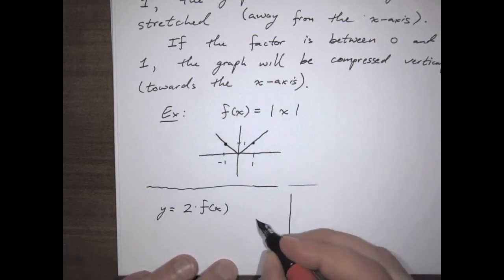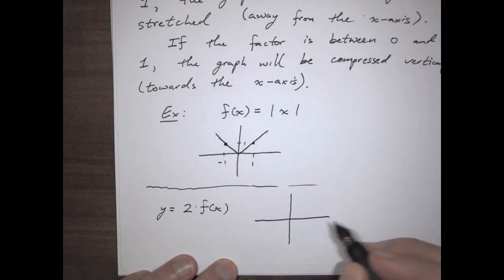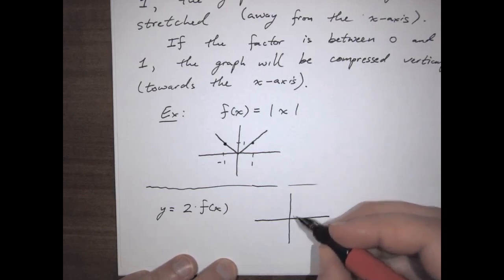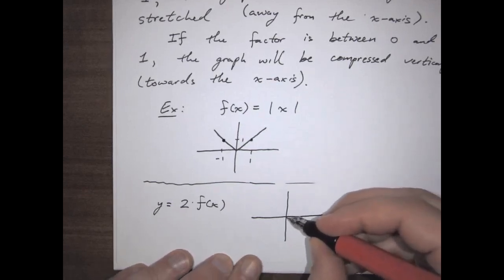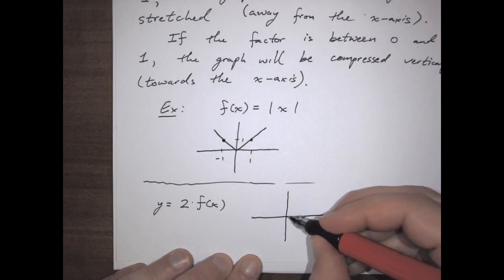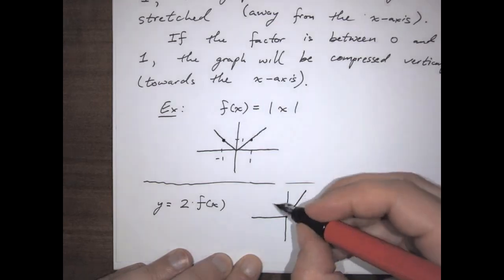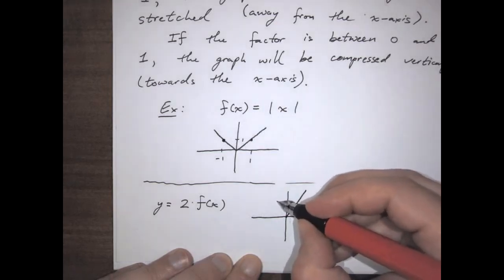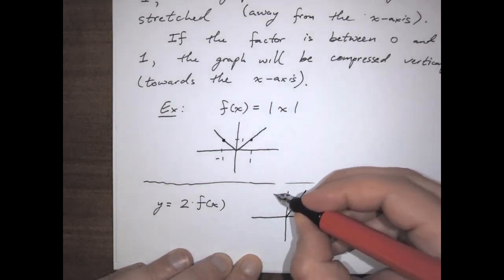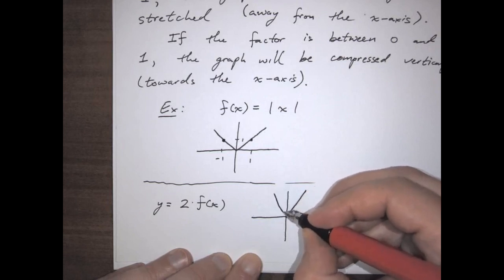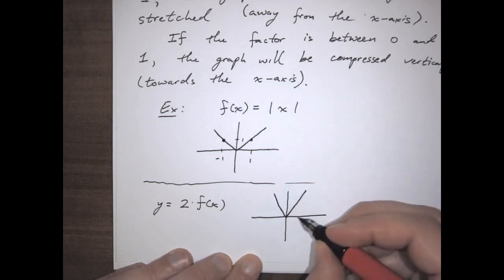So the graph of this is going to look the same as far as the general behavior, but what's going to be different about it is that everything is going to be zooming away from the x-axis twice as fast. Every point is now going to be twice as far from the x-axis as it was before. All the y values will be doubled.